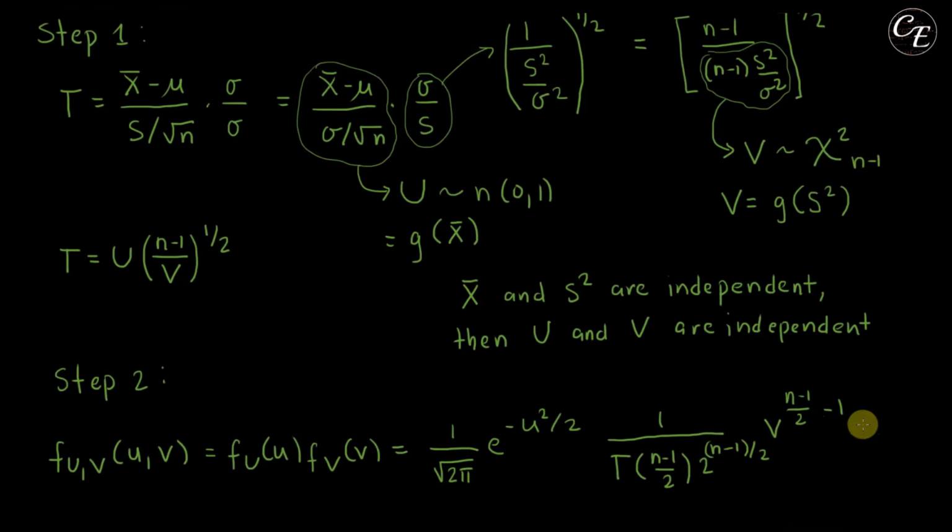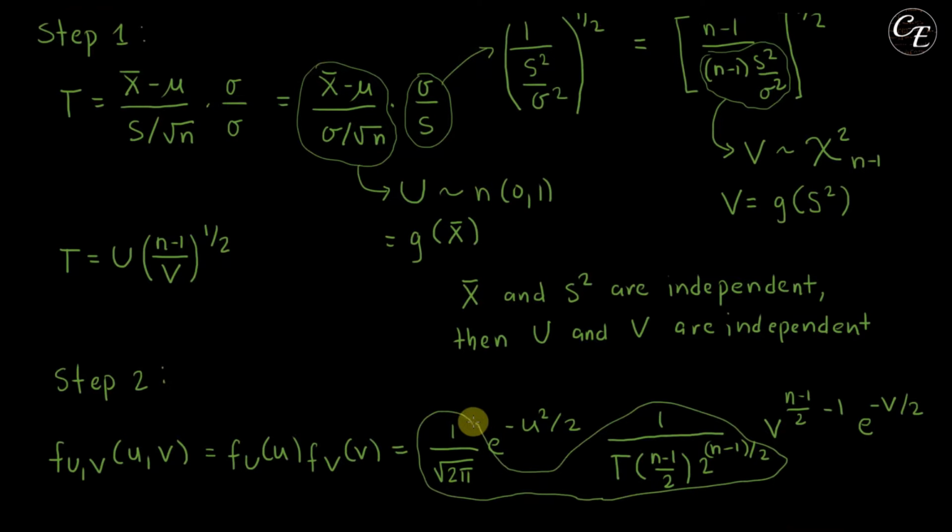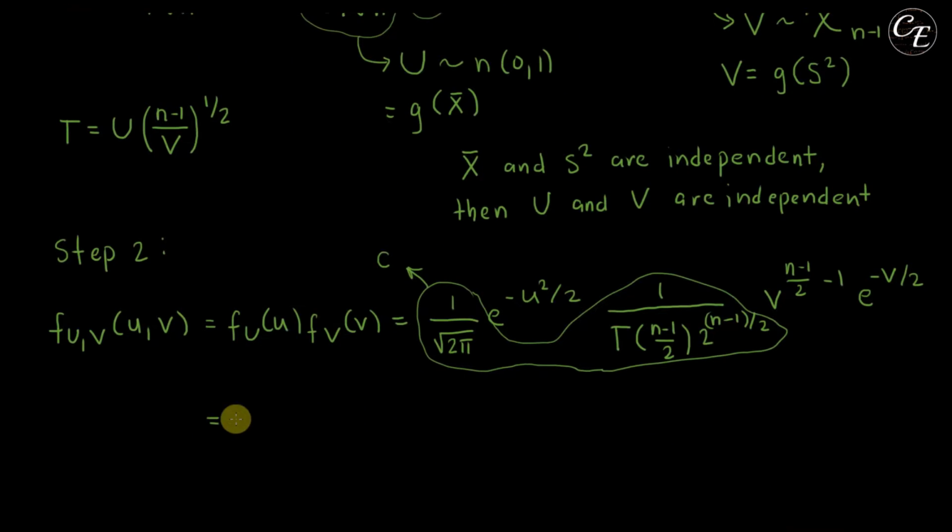And then we have here e raised to negative v over 2. And then, to avoid rewriting these constants in here, we can designate it as just constant c. So we have here equal to c times e raised to negative u squared over 2 times v raised to n minus 1 over 2 minus 1, then e raised to negative v over 2, which is this joint PDF for U and V.